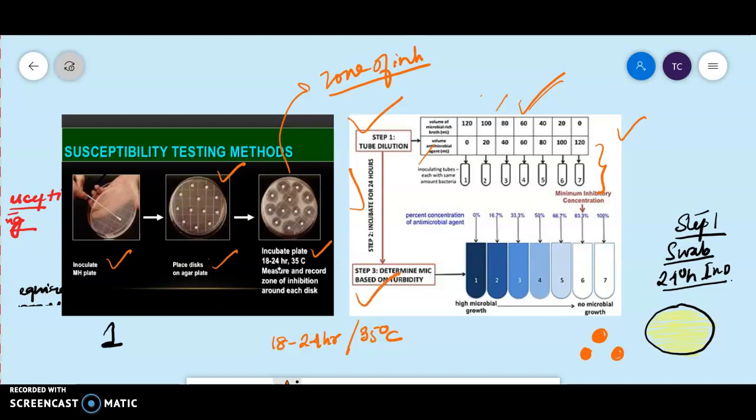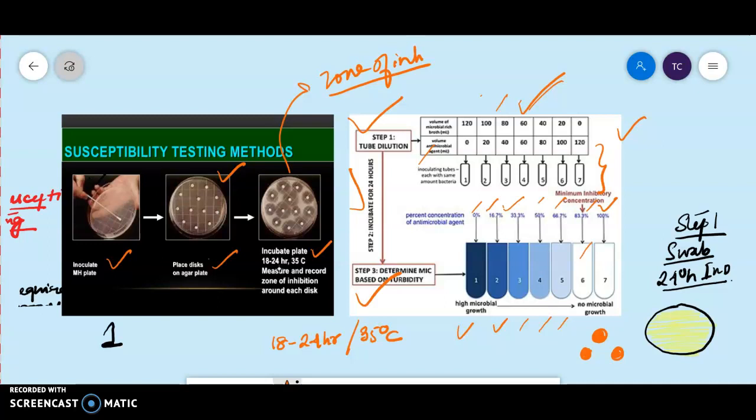Then comes step 3, which determines the minimum inhibitory concentration based on turbidity. So you see 0%, 16.7%, 33.3%, 50%, 66.7%, 83.3%, 100%. The first is most turbid, then the turbidity decreases with increasing concentration of the antibiotic. A time comes when at a certain concentration there is no growth.